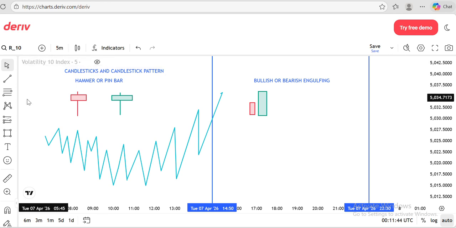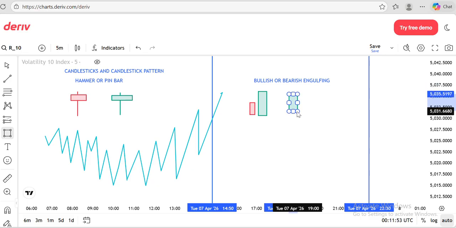Likewise for the bearish engulfing, we see price has been bullish hitherto.